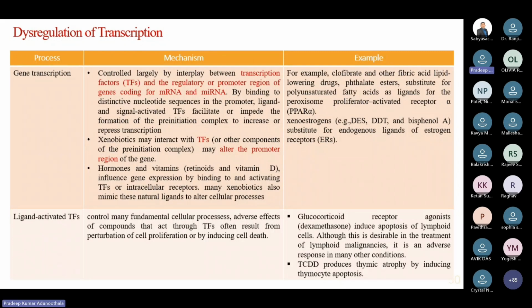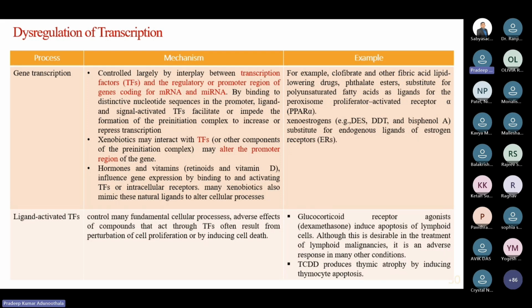But if any xenobiotic or chemical comes and interacts with the transcription factors and the pre-initiation complex formed by them, that alters the promoter region of the gene, and that leads to toxicity. Examples are hormones and vitamins, retinoids and vitamin D, which influence the gene expression by binding to the gene or by activating its transcription factors or intracellular receptors.